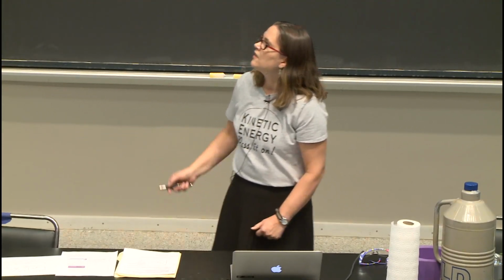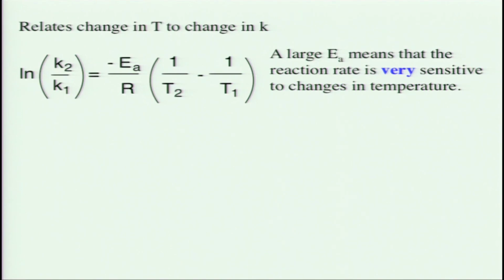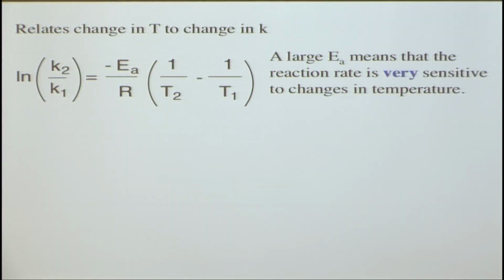If we look at this equation, we'll realize that if we have a very large value for this activation energy, this Ea term here, that's going to mean that the rate constants are very sensitive to temperature. If this is small, there won't be a big difference between K1 and K2. But if the activation energy is really big, there'll be a big difference between K1 and K2. The rate constants will be very sensitive to temperature.